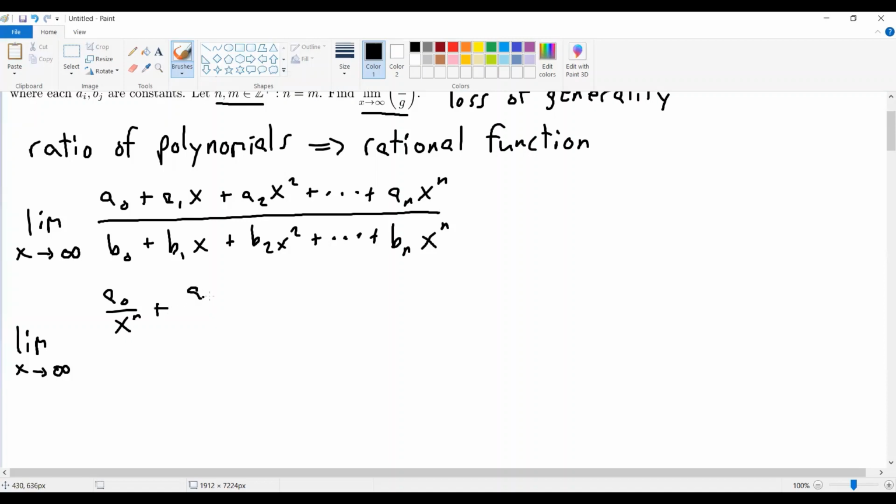plus a1. Now, we have x, and then we're dividing it by x to the n. So really what's going on here, I might actually write it, this will be less ugly.